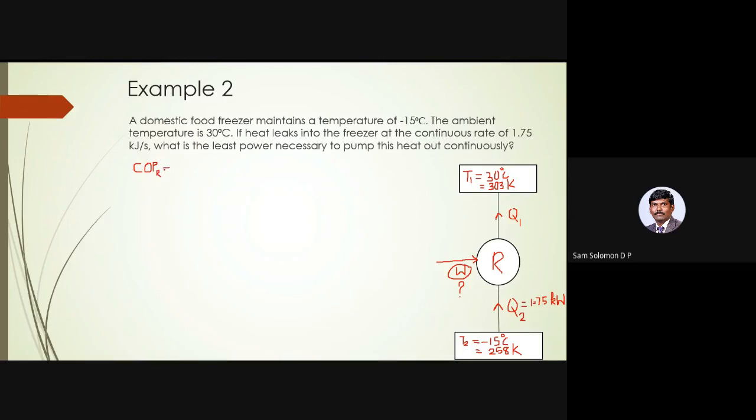So COP of R, refrigerator here, according to the formula, is T2 divided by T1 minus T2. So this is 258 divided by 303 minus 258.